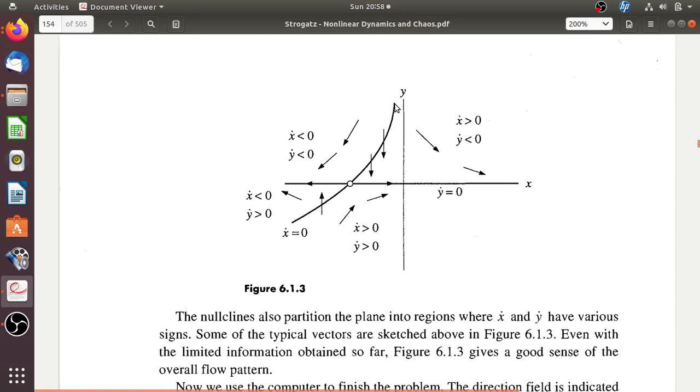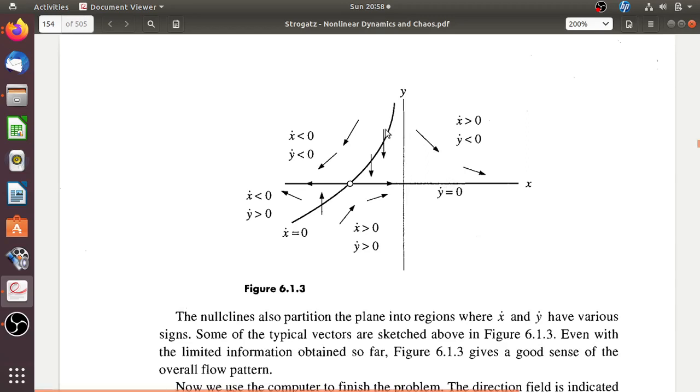Okay, so now if you see, this null line actually divides this entire plane into 4 regions. In this region, y dot is 0.